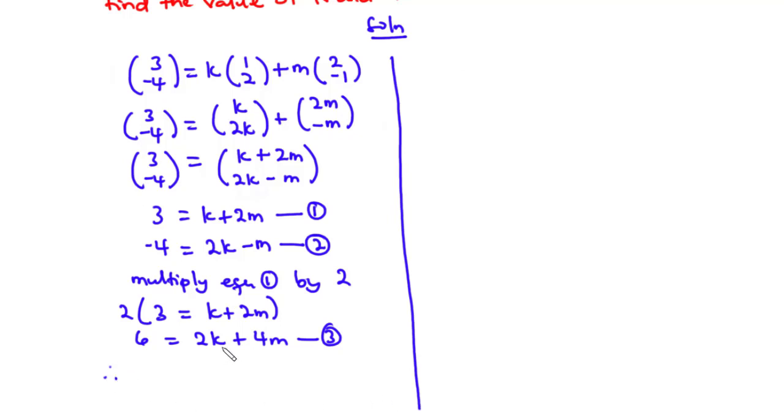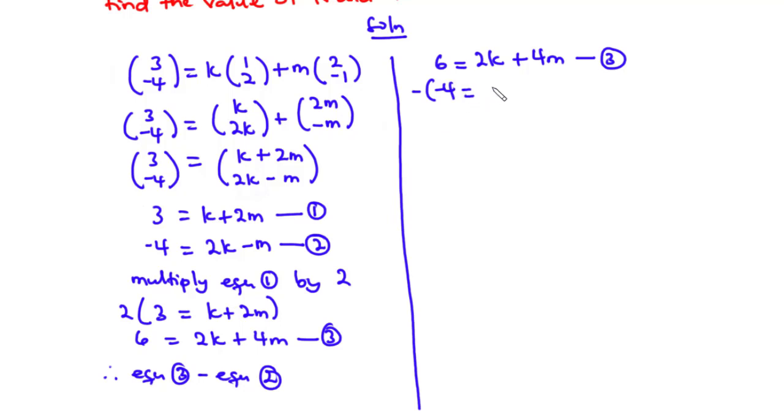So next we are going to subtract equation 2 from equation 3. So that's equation 3 minus equation 2. So we have equation 3 to be 6 equals 2k plus 4m minus equation 2, that is negative 4 equals 2k minus m.